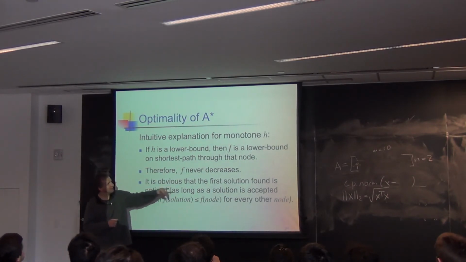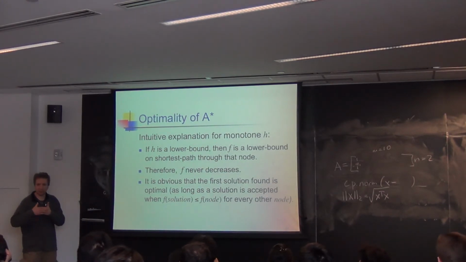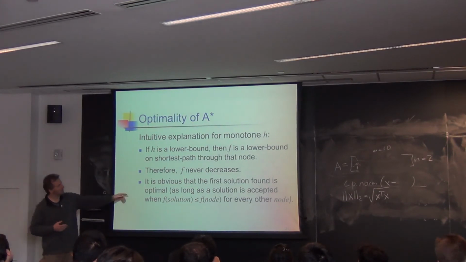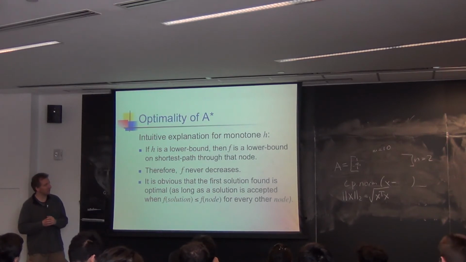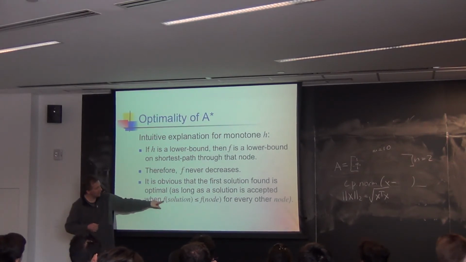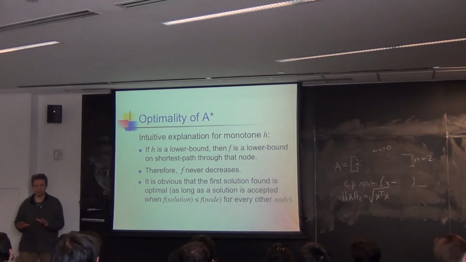F never decreases. So if F never decreases, then we're guaranteed that we're not going to be looping around. It's obvious that the first solution found is optimal, as long as the solution is accepted when its cost is less than every other node. And that's sort of just the intuition of it.